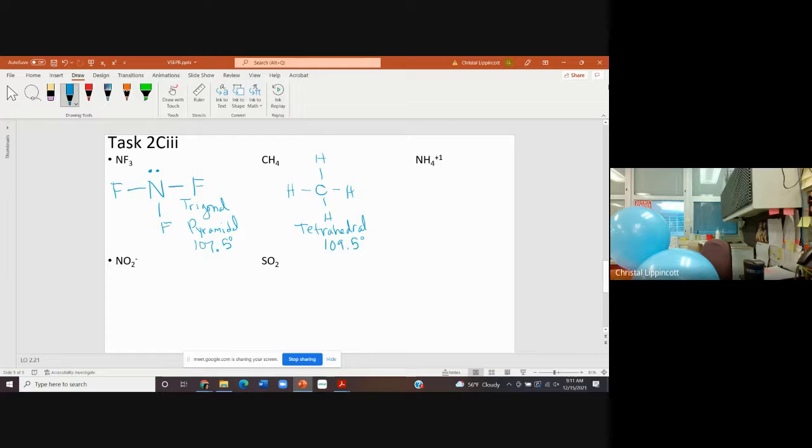So this is what your trigonal planar could look like. They're all in the same plane. That's where they get that term. Now, the tetrahedral, you think from looking at this structure that it's going to be 90 degrees, right?